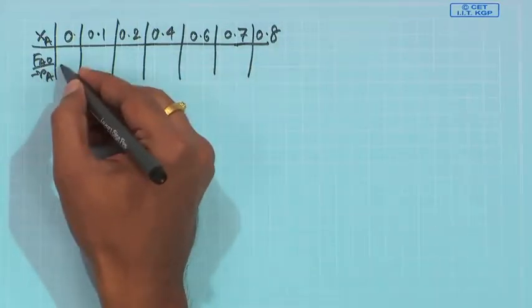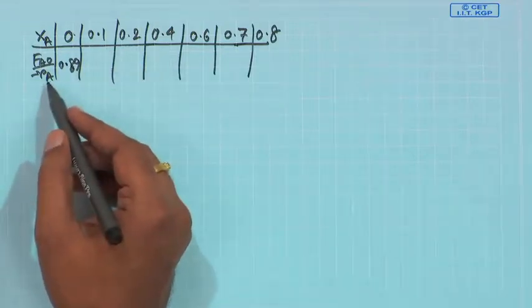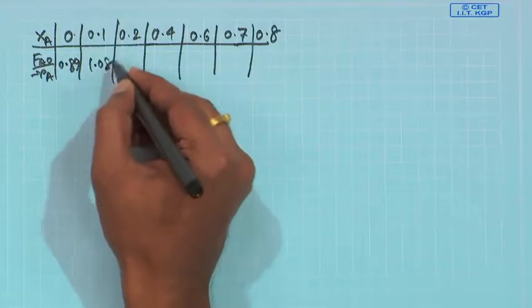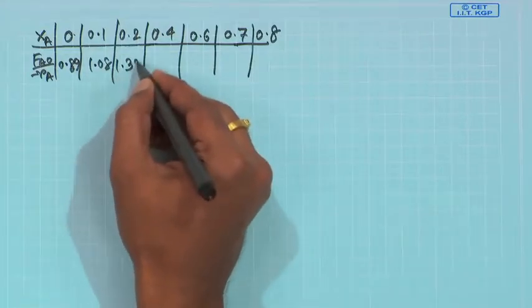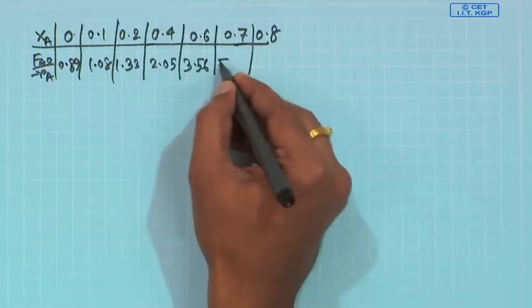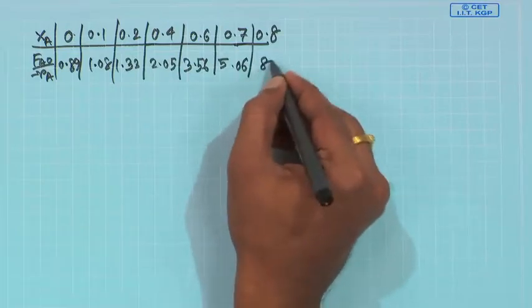F_A0 by minus r_A is 0.89 at zero. As I told you, you can find this out because you know how r_A changes as a function of conversion. We have already discussed this. At 0.1 it is 1.08, then 1.33, 2.05, 3.56, 5.06 I suppose, and this is 8.